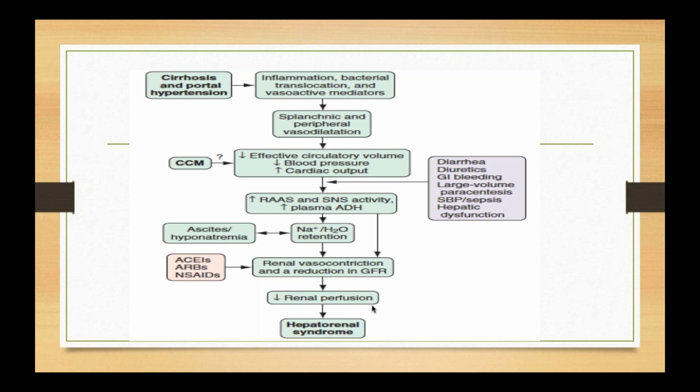When the renal vasoconstriction occurs, the GFR will be reduced, renal perfusion will be reduced, and it will cause hepatorenal syndrome. ACE, ARB, and NSAID increase this renal vasoconstriction. Diarrhea and diuretics also decrease this circulatory volume and contribute to the kidney injury, as does large volume paracentesis, all those things.